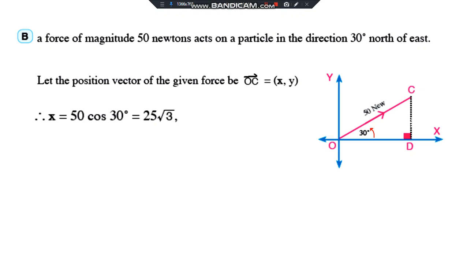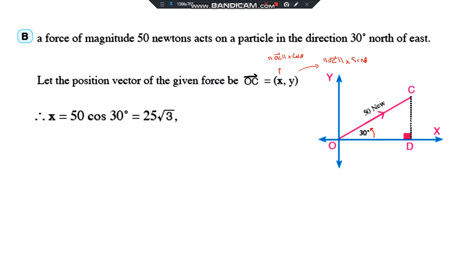The x coordinate will be the norm of OC multiplied by cosine theta, which is 30, and y is the norm of OC multiplied by sine theta.